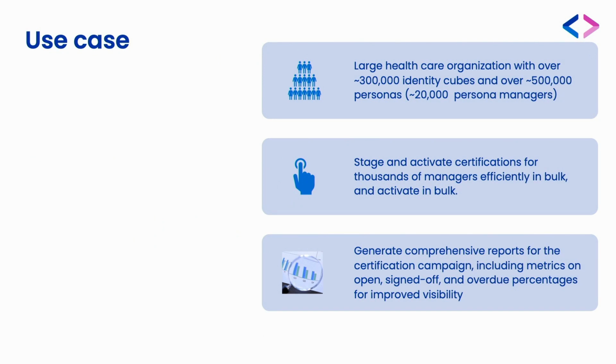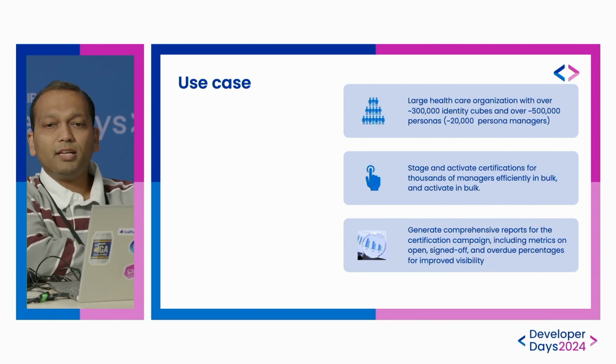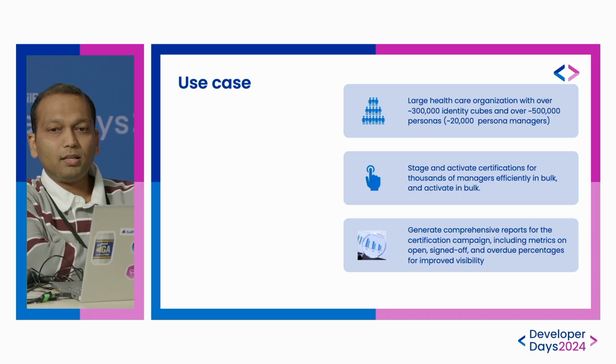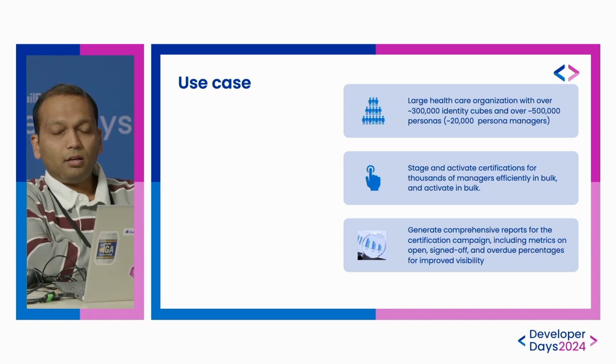It is a setup of a large healthcare organization with over 300,000 identity cubes, over 500,000 personas and 20,000 persona managers. In healthcare, it is pretty common to have an identity with multiple personas.